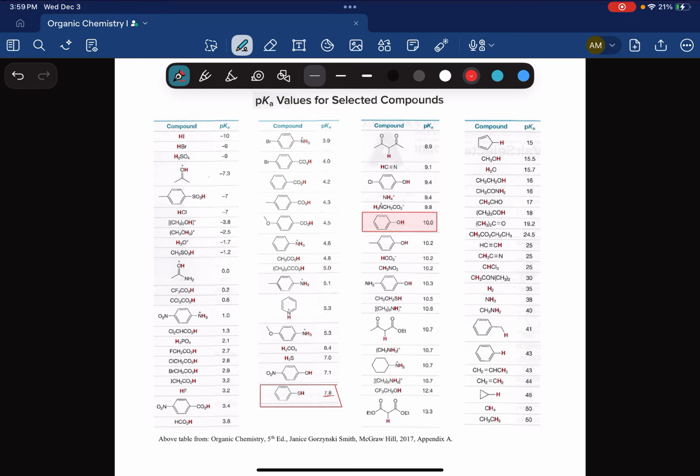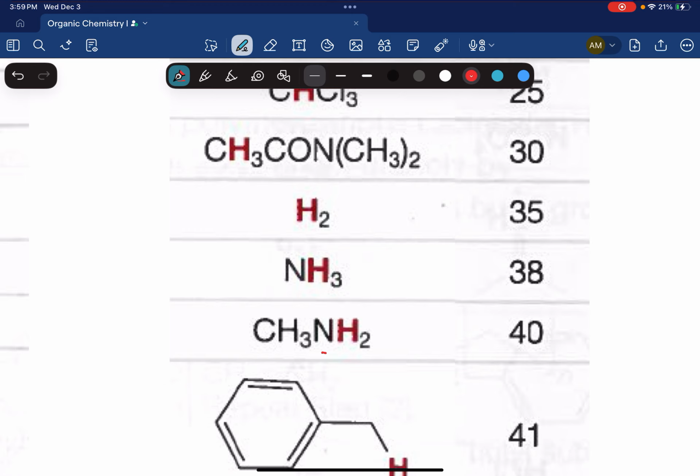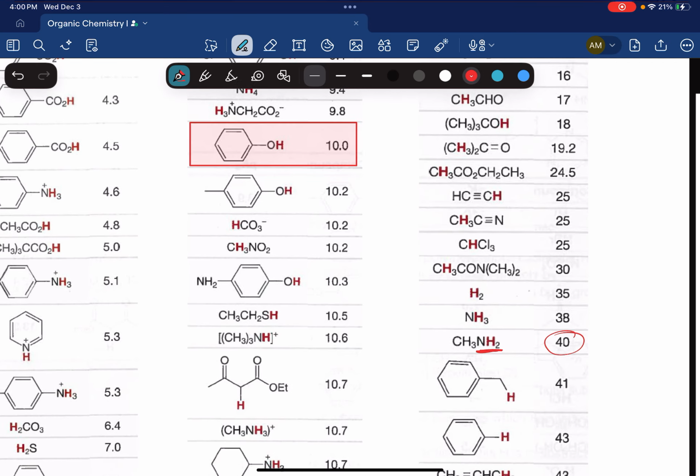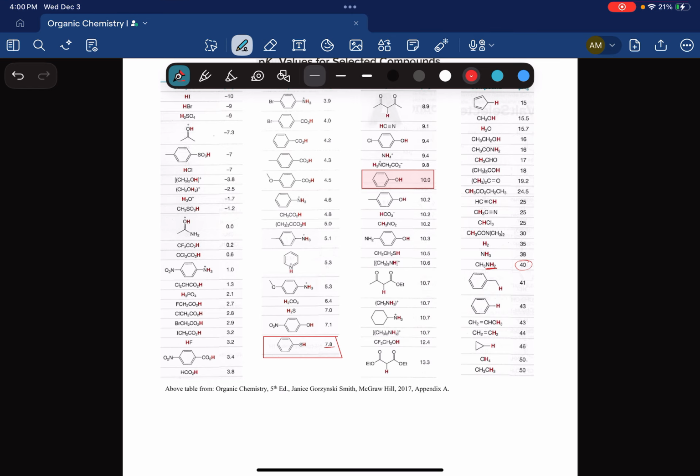I know NH2 is a base. If we just look here, I know it's not on a benzene ring, but NH2 right here has a pKa of 40. So putting it on a benzene ring does not make it any more acidic, right? Because it's all about how stable it is.